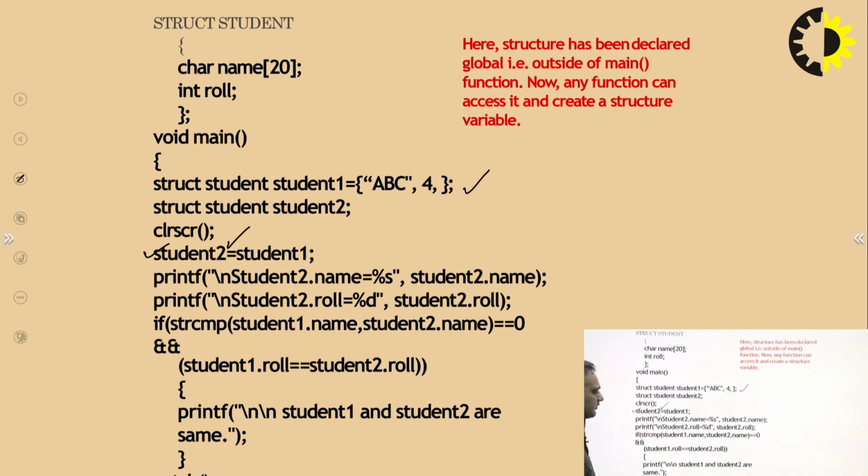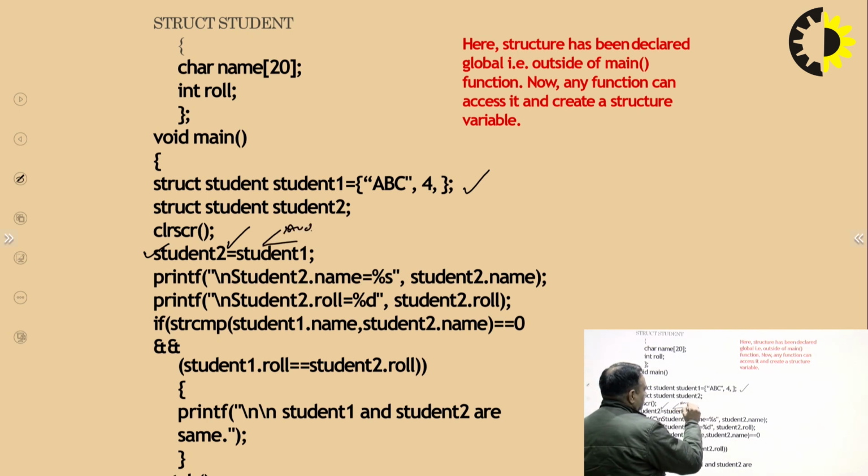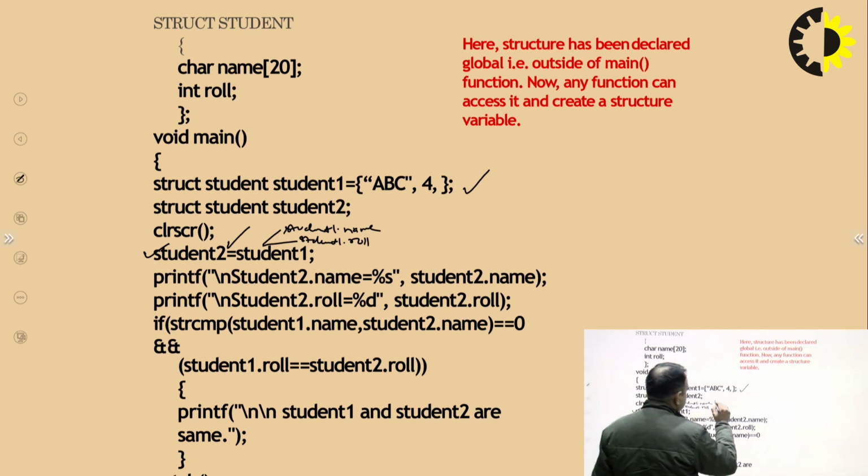So all the information in student 1 dot name and student 1 dot roll, here this is ABC and this is 4.